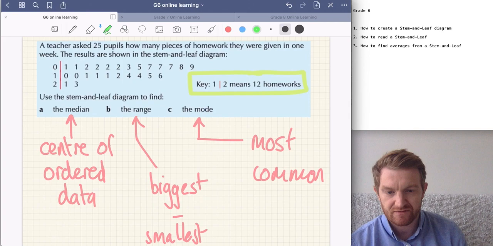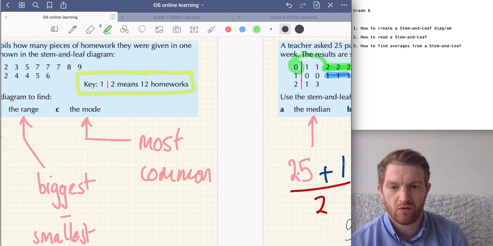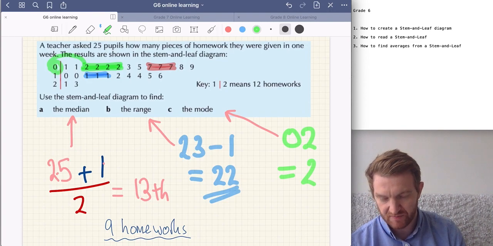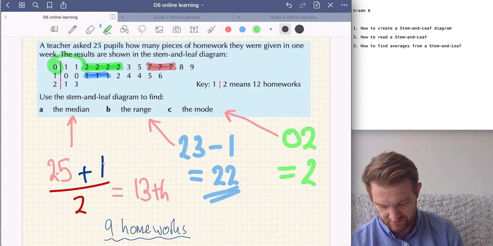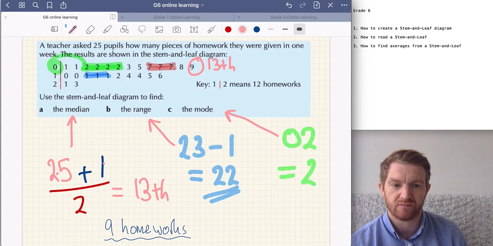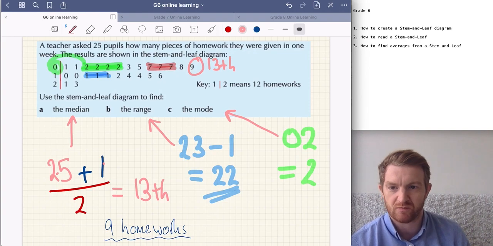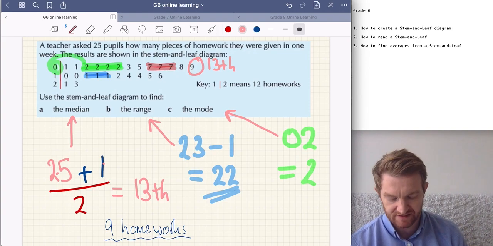We can find the averages, just like we've done averages before. Little trick for the median: add 1 on, divide it by 2, and that tells you where to look. So in this case, the 13th number was here, counting from bottom to top. Range is the biggest minus the smallest, and the mode is just the one you have the most of, so here it's highlighted in green.